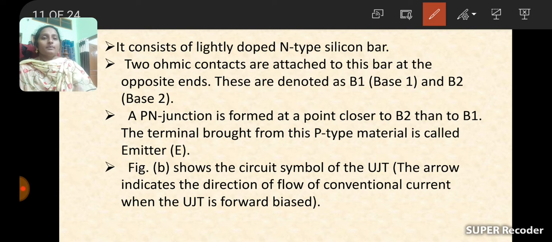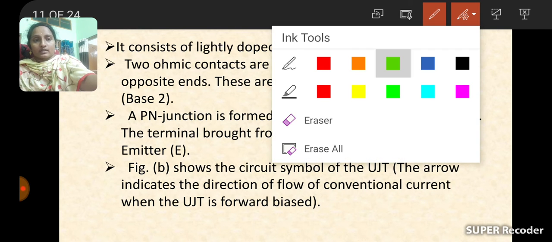Now the terminal brought out from this P-type material is called the emitter. The figure shows the circuit symbol of UJT. The arrow indicates the direction of flow of conventional current when the UJT is forward biased.